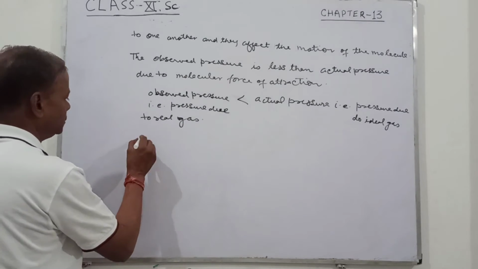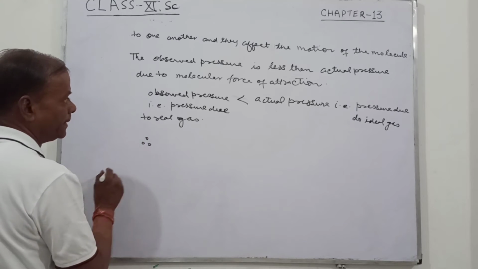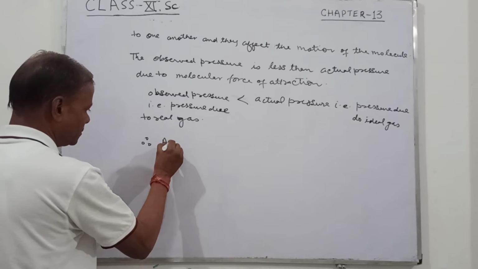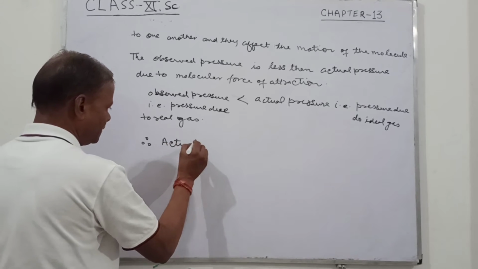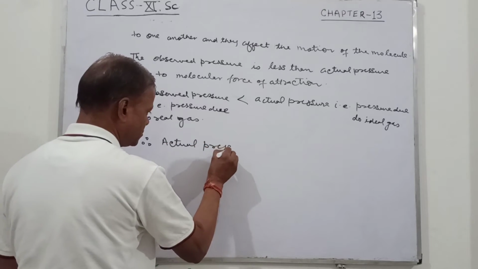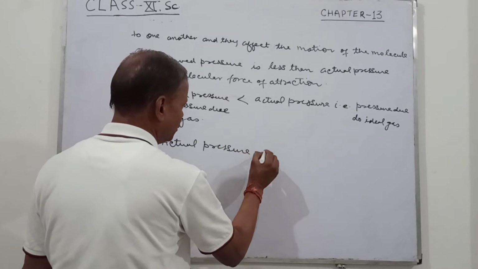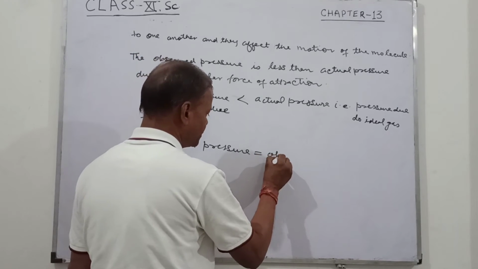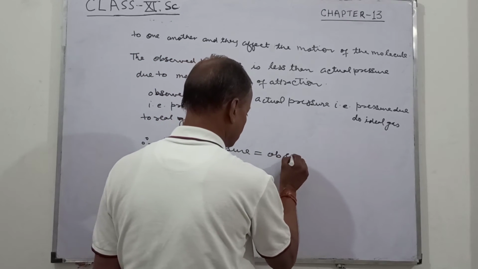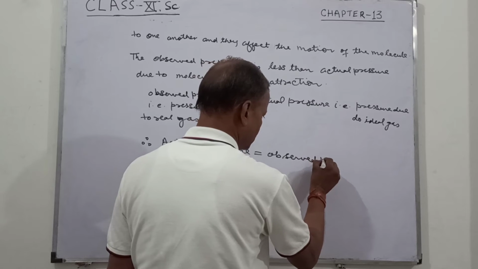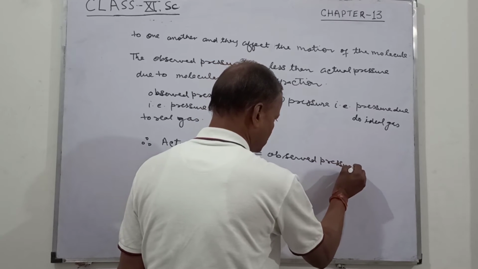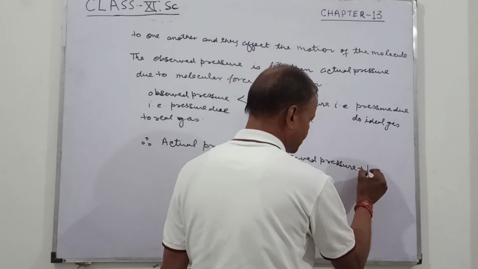So therefore actual pressure is equal to observed pressure plus pressure correction.